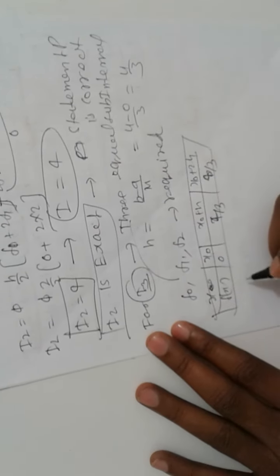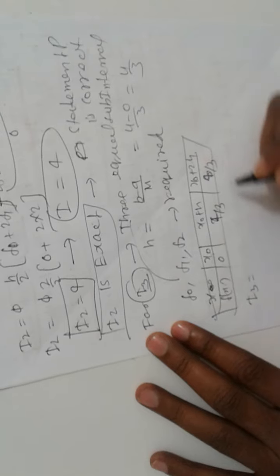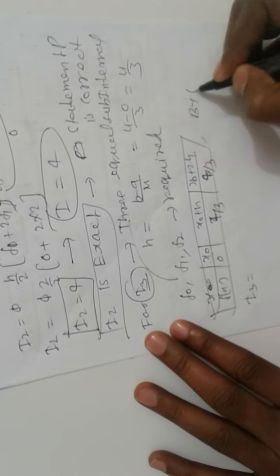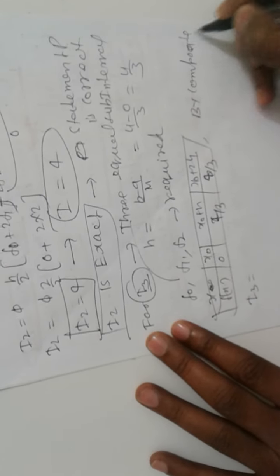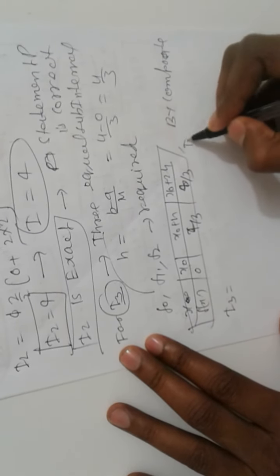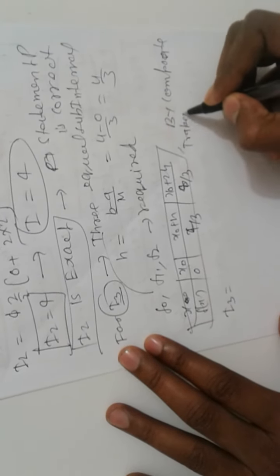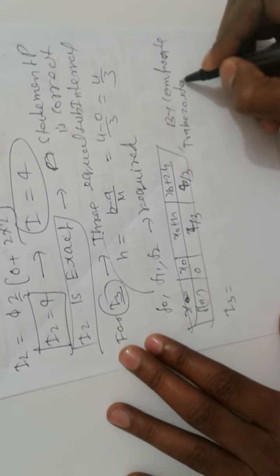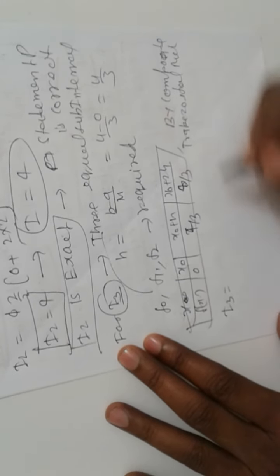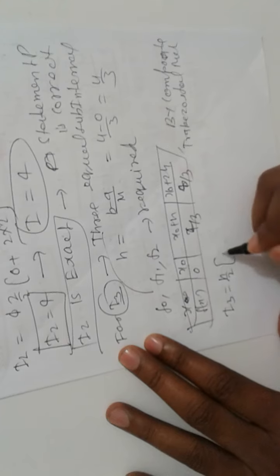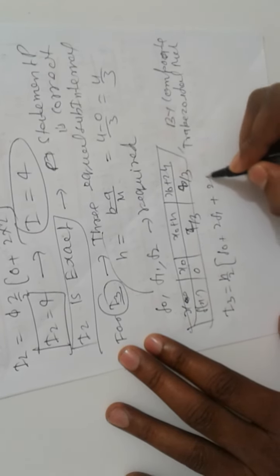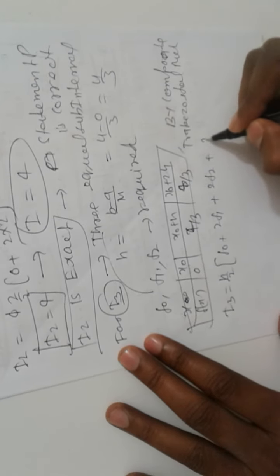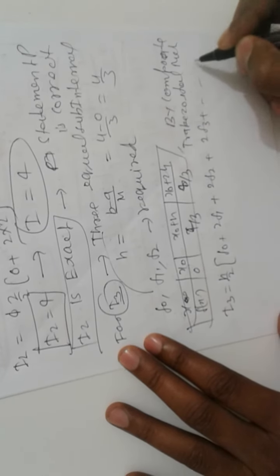So now I of 3 by the composite trapezoidal method: h by 2, f of naught plus 2 f of 1, plus 2 f of 2, plus 2 f of 3 and so on.